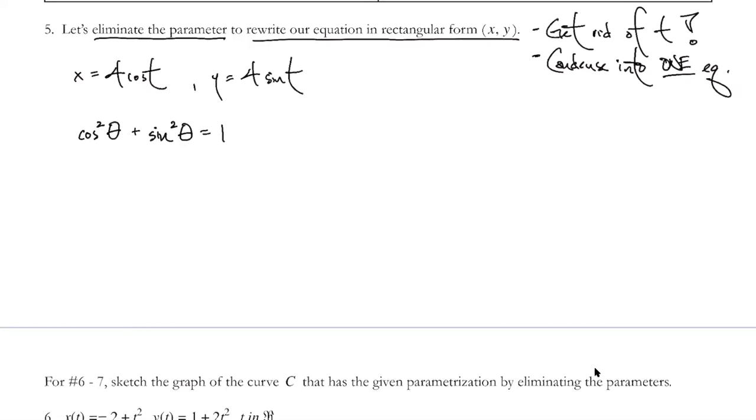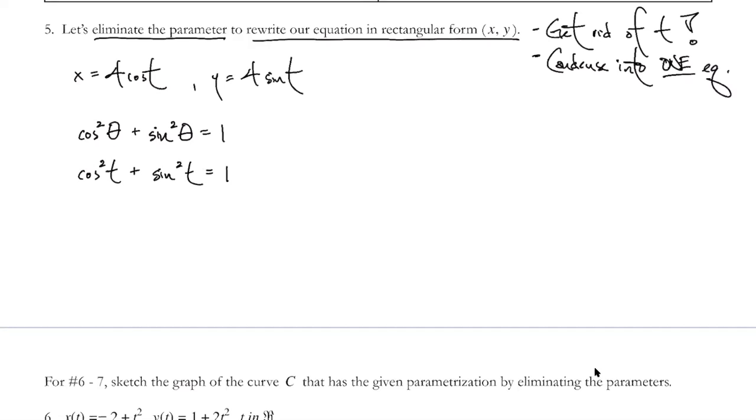So out of all of them, know this one, all right? So we know that cosine squared plus sine squared equals 1. But that means that if I have cosine squared t plus sine squared t, that's also going to equal 1, okay?